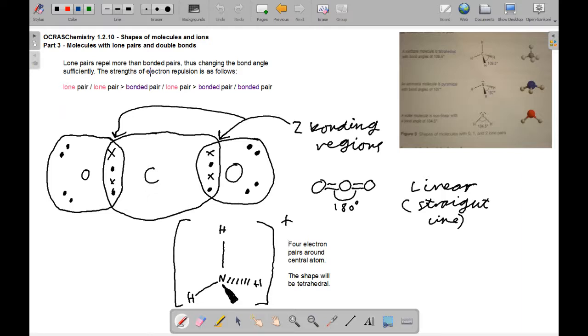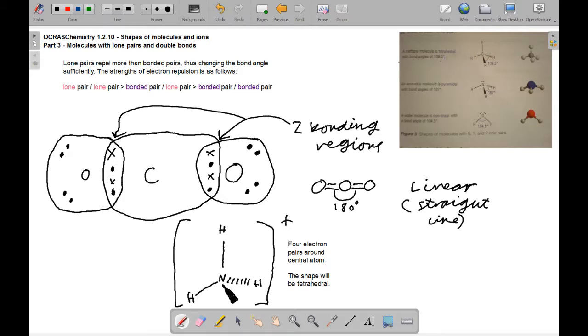So the strength of electron repulsion is as follows: lone pair to lone pair is greater than lone pair to bonded pair, and lone pair to bonded pair is greater than bonded to bonded. So going through that again, if there are 2 lone pairs, it's weaker, but if there are 2 bonded pairs, then the electron repulsion is very strong.